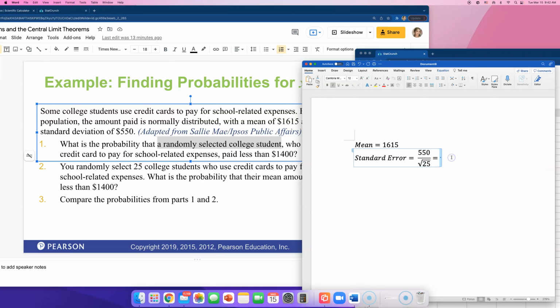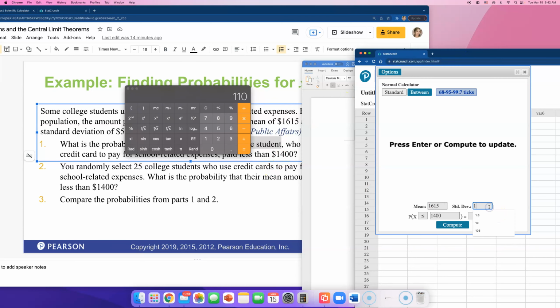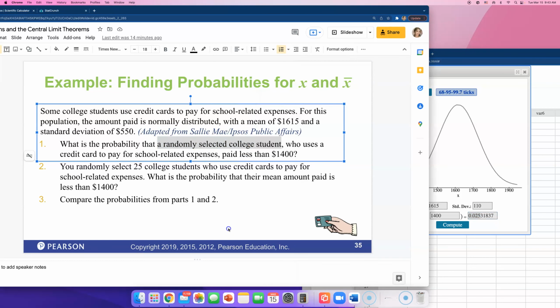So I will do 550 divided by the square root of 25, which is 5. So this time I need to use the standard error of 110, okay? Over here, I will enter 110, so the probability will come out different. There's less than a 3% chance that if I ask 25 college students, their average will come out to be less than $1,400.